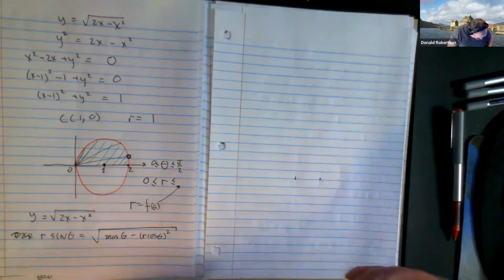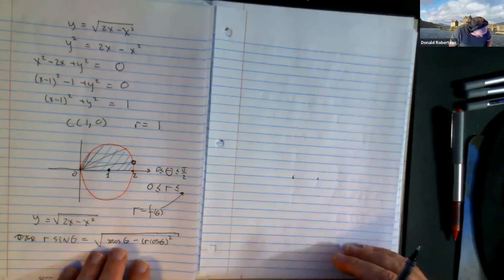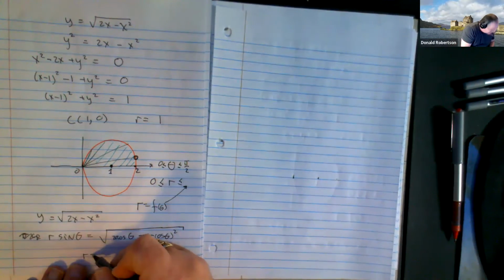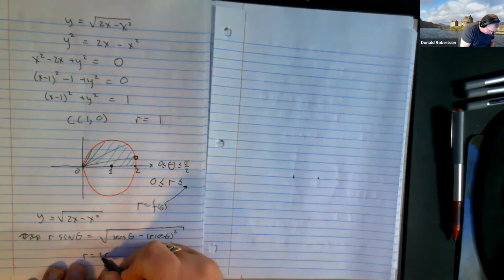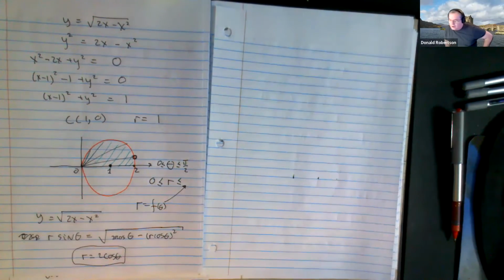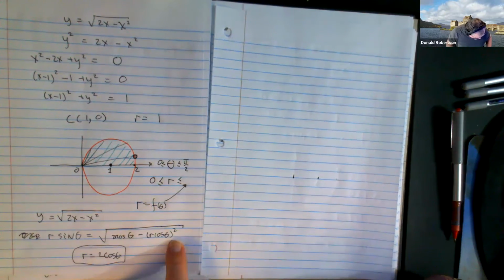Not how they did it, but evidently, this thing's going to be equal to r equals 2 times the cosine of theta. So at least now I know what I'm heading for. I can't see that yet, but evidently, that's what it's going to be. How on earth does that guy, which is basically this, become that guy?